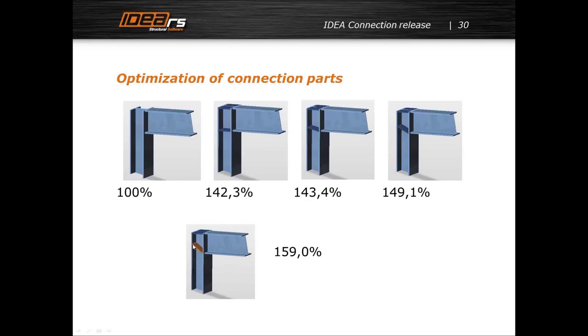I know that it is not very often done, but it has a nice influence and improves the capacity of the joint. Interesting is if you compare this and this, there is completely the same stiffener, same plate, same welds, same price, but the capacity is better.